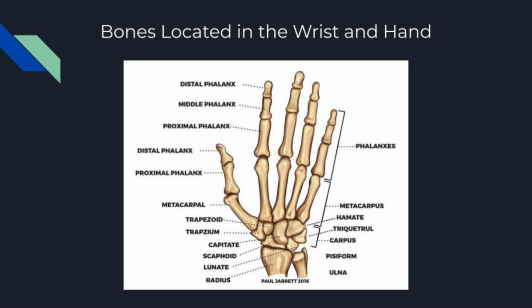So you can see the scaphoid, the trapezoid, and then the three regions of the hand: the carpus, metacarpus, and phalanges. If you look to the right, you can see those three areas. Those are pretty important to know.